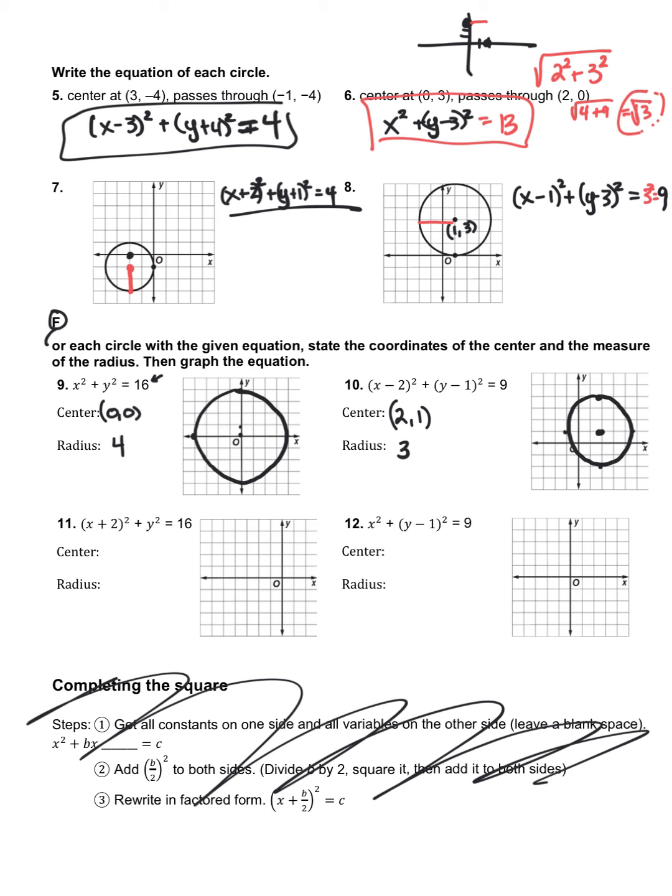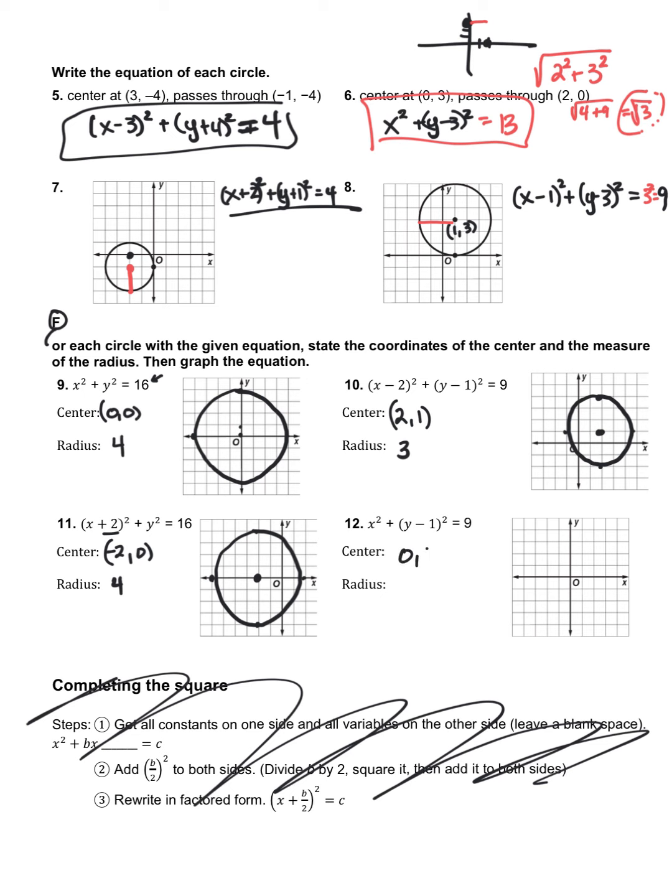Hopefully you're starting to get the hang of this. Okay, opposite of that, I get -2, and there's nothing added or subtracted from the y, so I get -2 and 0. Square root of 16 is 4, so I'm going up 4, back 4, down 4, and this direction 4, and now I can draw my circle.